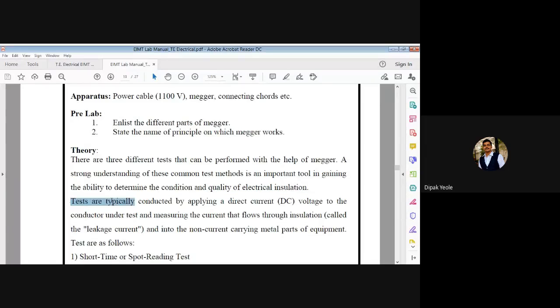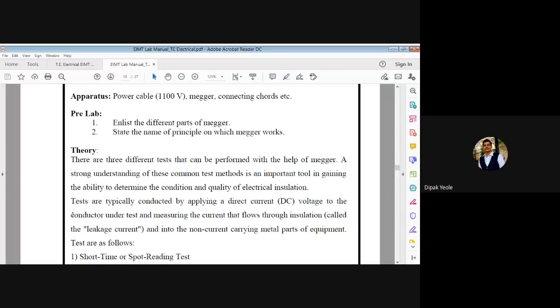The tests are typically conducted by applying a direct current voltage to the conductor under test and measuring the current that flows through the insulation, called the leakage current. I already told you that a hand-driven generator produces a DC voltage. Whenever we use a voltage as a cause, obviously there is an effect called current.